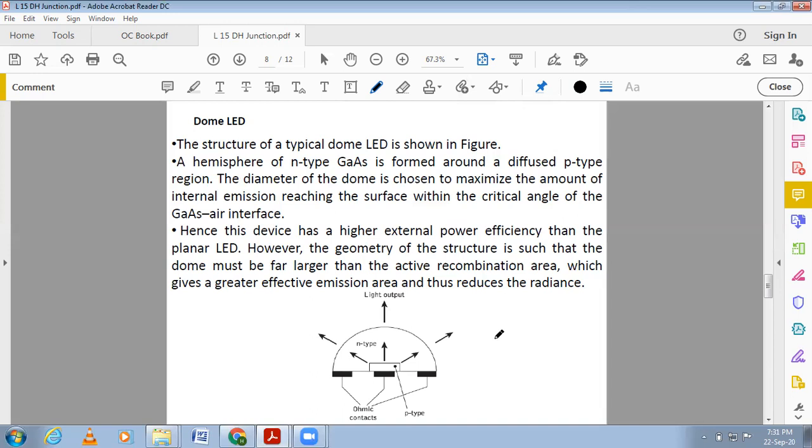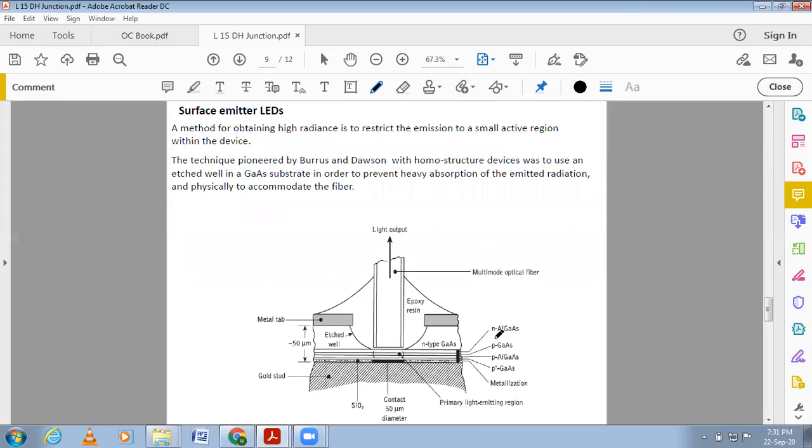Okay. Now, the third type is the surface emitter LED. It is very important from the examination point of view and for your study, because surface emitter LEDs and edge emitter LEDs are both widely used in optical communication. A method for obtaining high radiance is to restrict the emission to a small active region within the device.